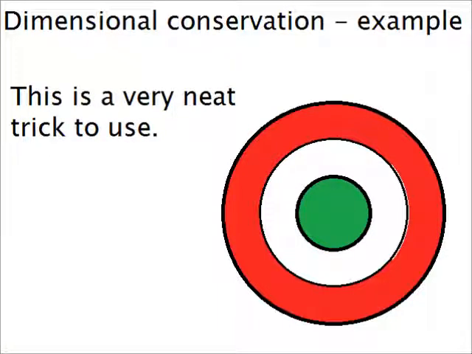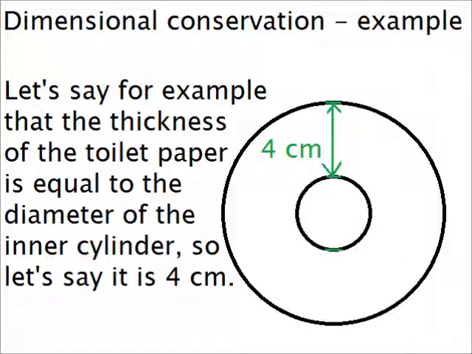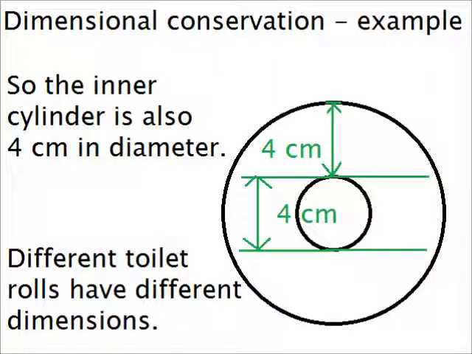This is a very neat trick to use, as I've said. We'll highlight the middle area in green first. As some example dimensions, let's say the thickness was 4 centimeters, and that is also equal to the diameter of the inner cylinder. So let's say that the inner cylinder is 4 centimeters as well.